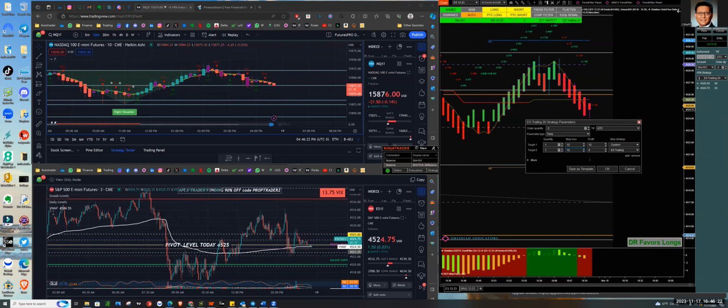I would have it at a 12 tick stop loss. That's 3 points. Once it hits 3 points and I took a hit, I'm out. I'll gladly get out. My profit taking, I really don't need this because that's the profit taking. Once it hits the other 12, this clears out.